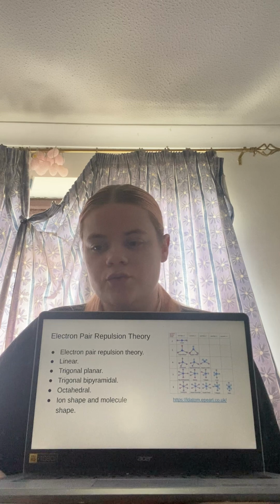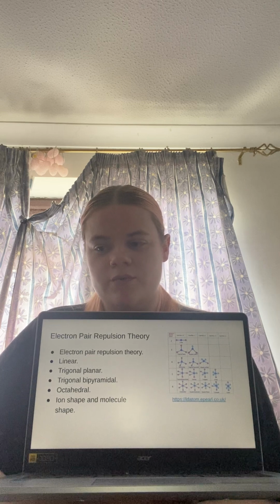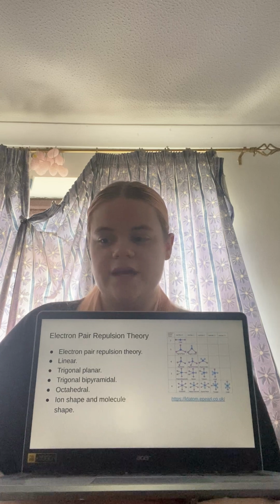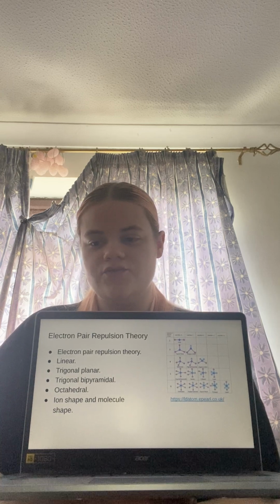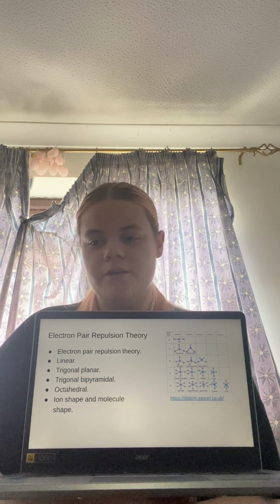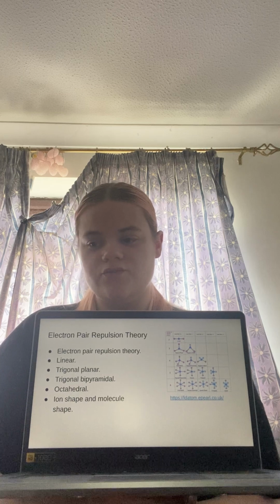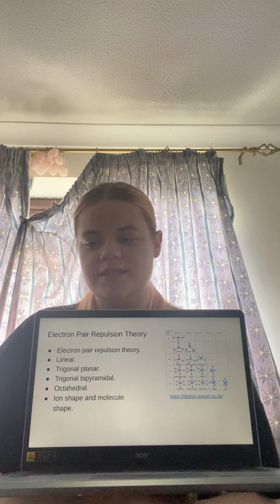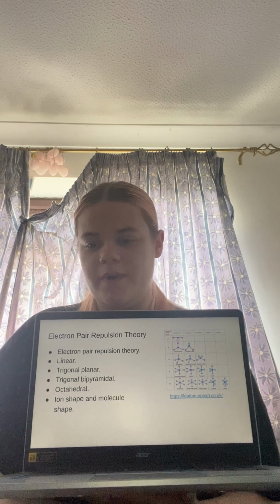Linear has 2 electron groups and 0 lone pairs. Trigonal planar has 3 electron groups and 0 lone pairs. Trigonal bipyramidal has 4 electron groups and 1 lone pair. Octahedral has 6 electron groups and 0 lone pairs.